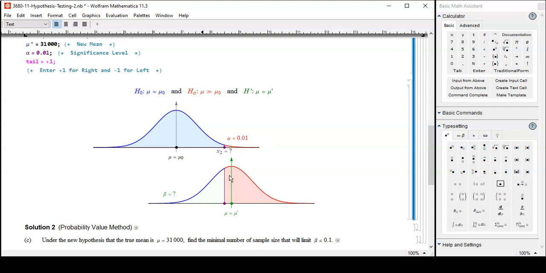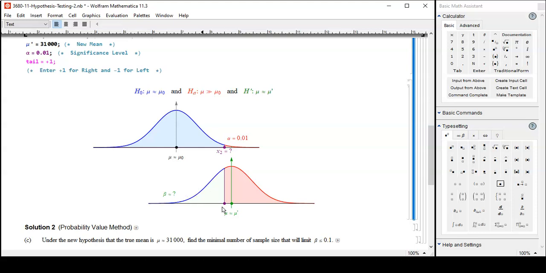But actually, we improved to 31,000. So 30,800 something or less would have been considered as H0, but we now know that's the error. So we want to find this beta value. From the second picture, we can find the error bound for this type 2 error, beta value.